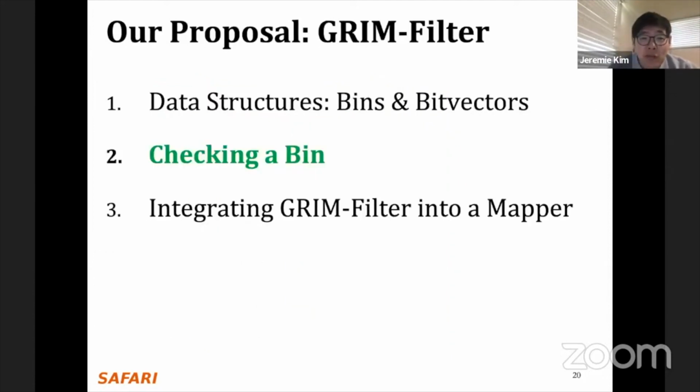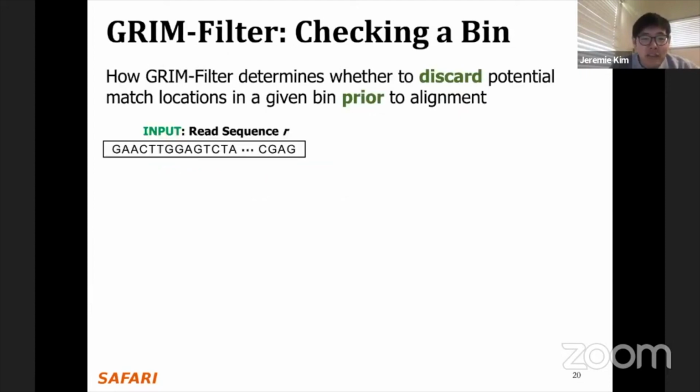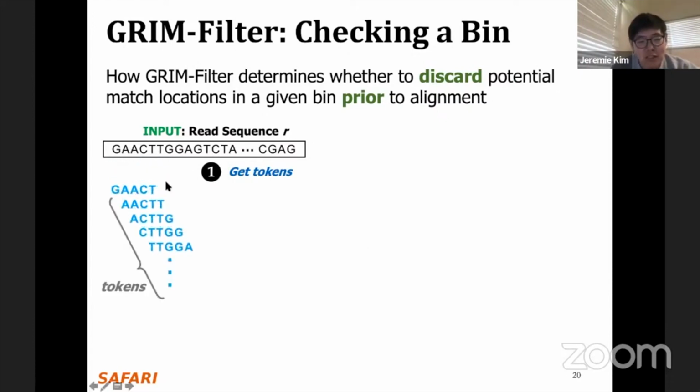So now let's talk about how we would go about checking a bin for existence or possible existence. We have the read sequence here, and we first try to extract all the tokens from the read sequence. So this is all the overlapping tokens here of size 5. We're just extracting them.